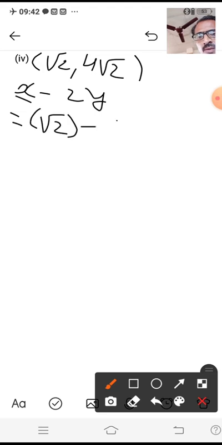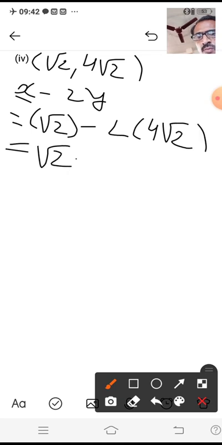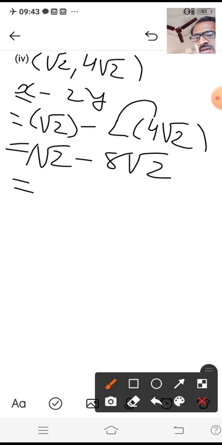Root 2, minus 2. Instead of y, I will write 4 root 2. So I will have root 2 minus 2 fours are 8 root 2. Now plus minus minus, 8 minus 1, 7 root 2 in the greater number sign.